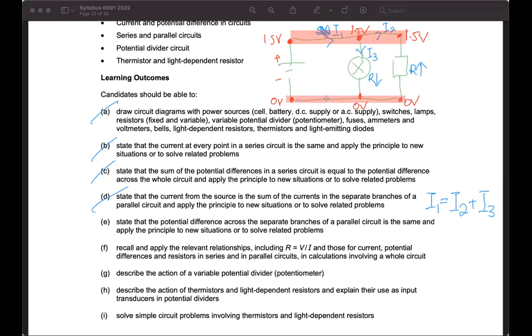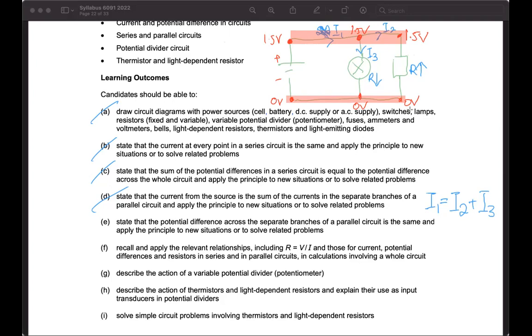So every point on this red color block will all be 0 volt. Is that clear? If I use a voltmeter to test the difference between the 2 points before and after the bulb, the difference will be 1.5 volt for the bulb, and the difference for the resistor will also be 1.5 volt.